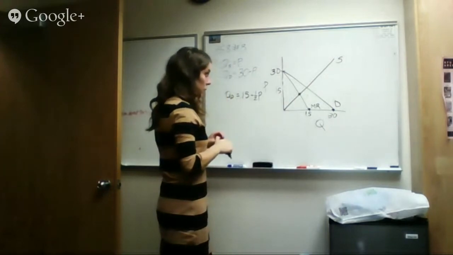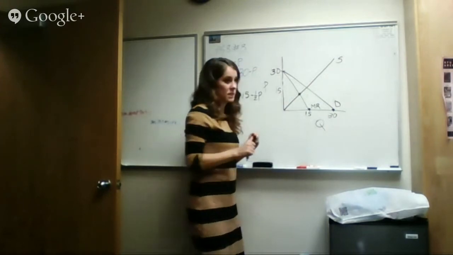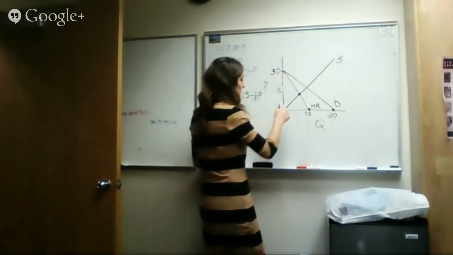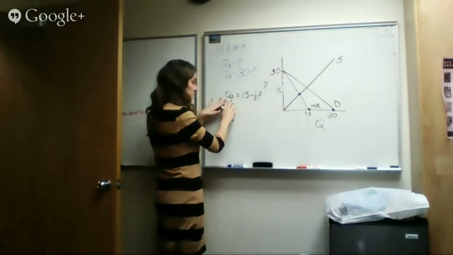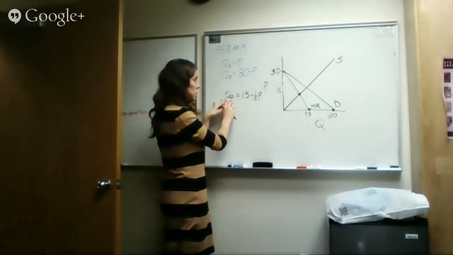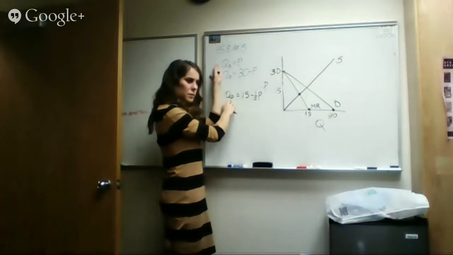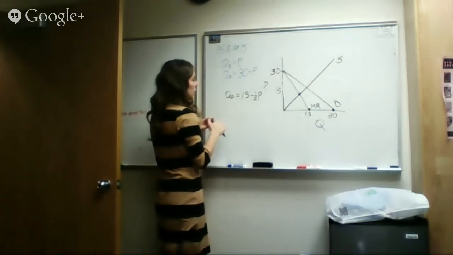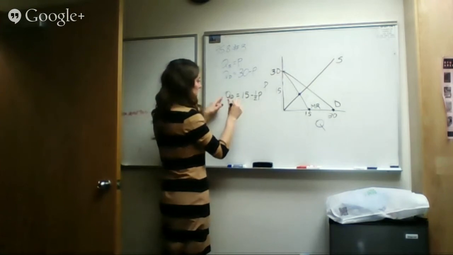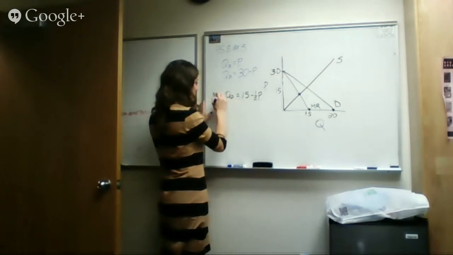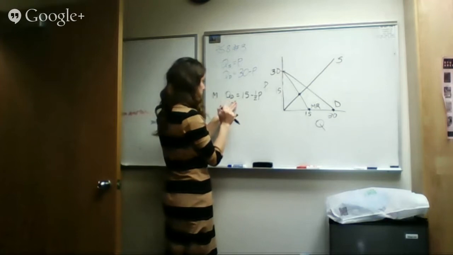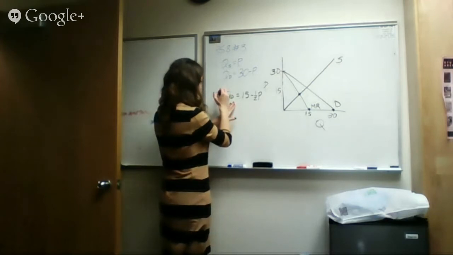So when you figure out that point, then figure out where we are as a monopoly. Okay, sorry. So we're going to set the new demand to the old supply. Is that what you said before? Okay. So it's going to be this marginal revenue equation.